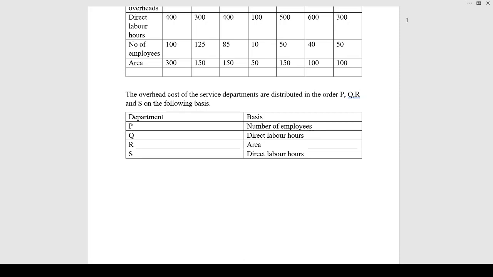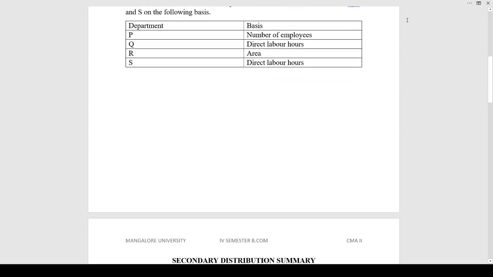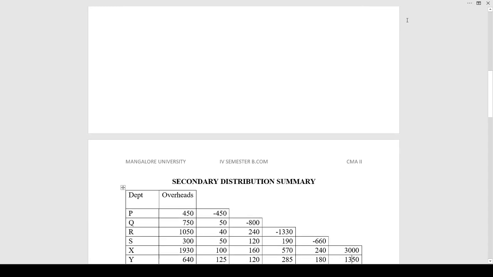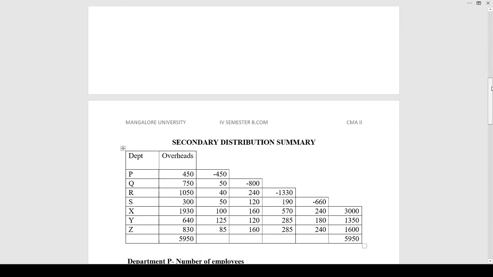So in this case we need not determine that. Why? Because the order of distribution is given as P, Q, R and S, and also the basis of distribution is given. Now on this basis the secondary distribution summary has to be prepared as per the step ladder method. So the secondary distribution summary.